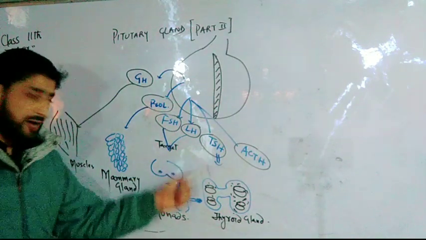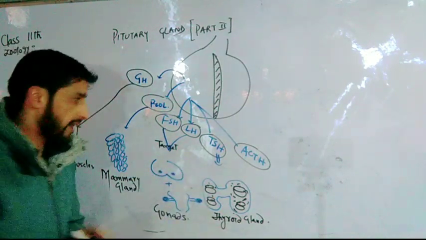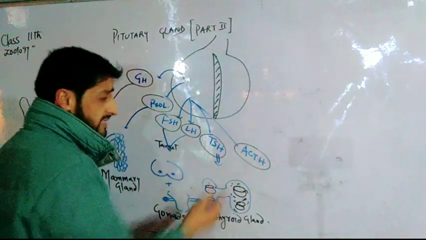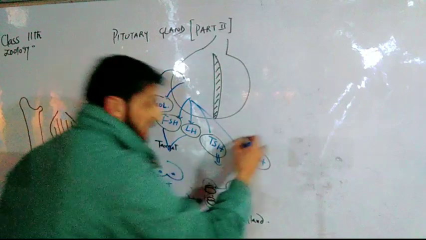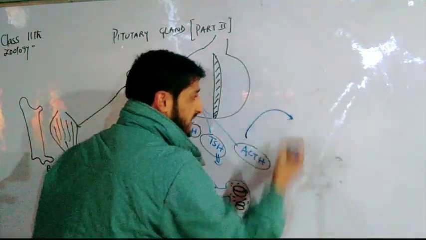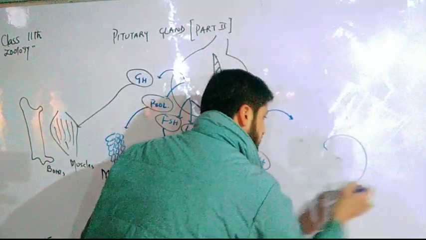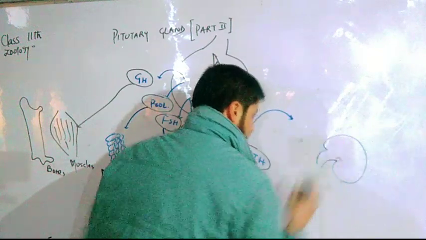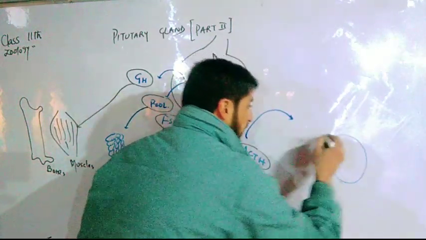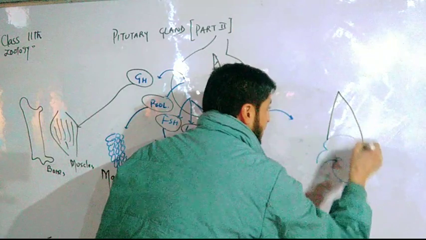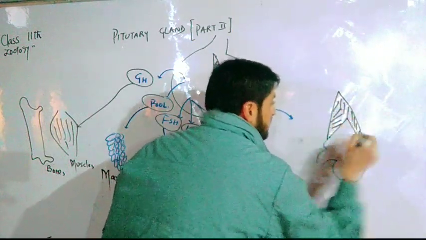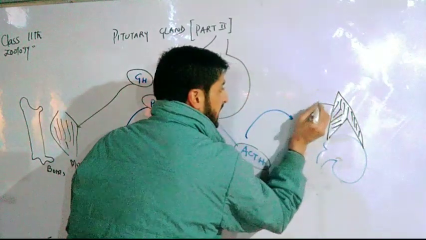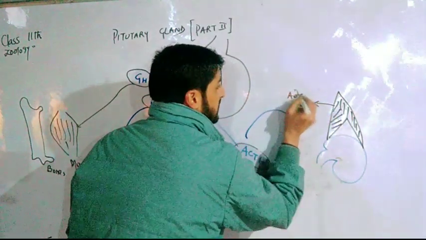Target organ for thyroid stimulating hormone, thyroid gland. As far as this hormone is concerned, adrenocorticotropin hormone, its target structure includes this region of adrenal gland. This region is known as adrenal cortex.